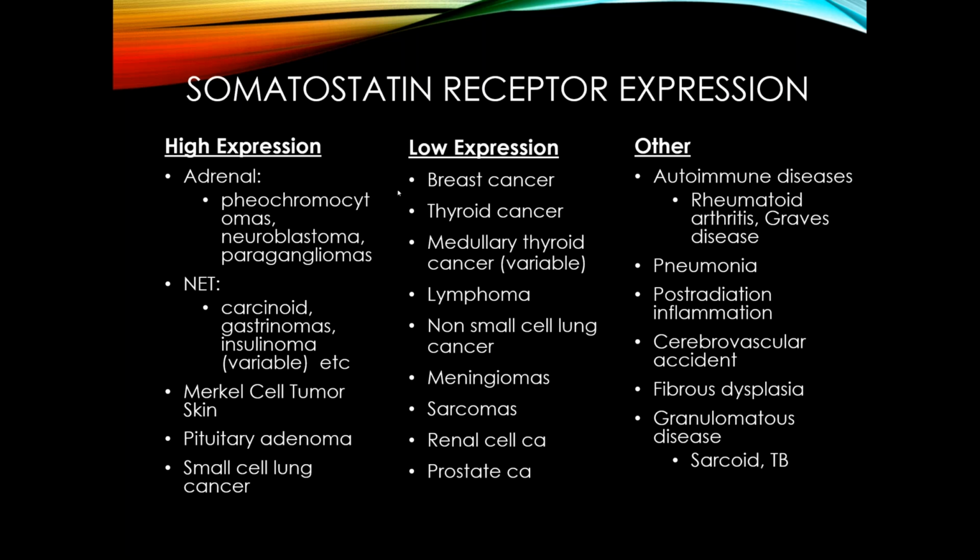Other cancers, such as breast cancer, thyroid cancer, and other inflammatory infectious conditions such as pneumonia or tuberculosis or sarcoid can also have somatostatin receptor expression. So again, you can't just rely on somatostatin receptor as being it's a neuroendocrine tumor. You have to take into account what it looks like on other imaging modalities.